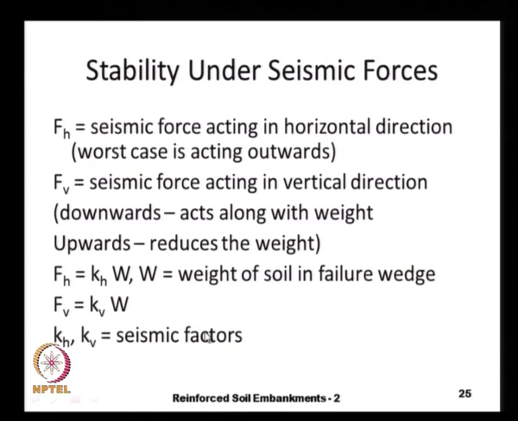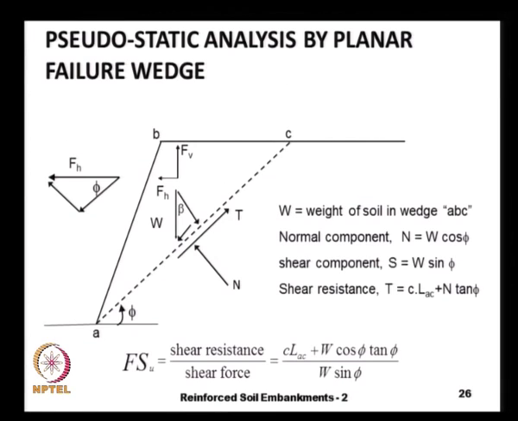There are many empirical codes given to estimate the Kh and Kv values, and as we have discussed earlier, we need to use IS 1893 for estimating these factors. So, now let us look at the pseudostatic analysis of this slope subjected to seismic action.